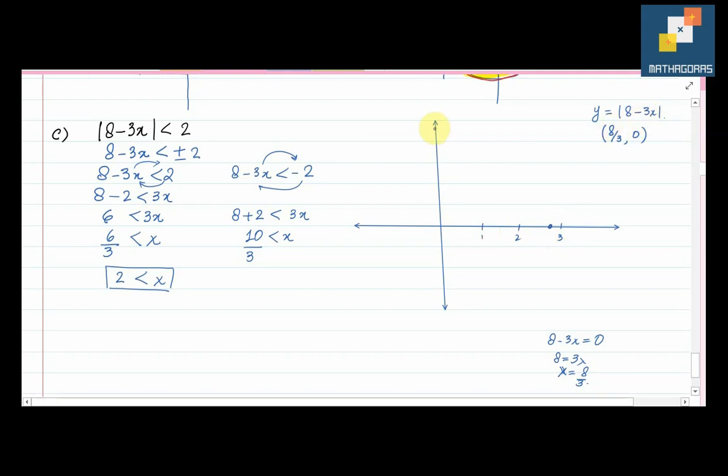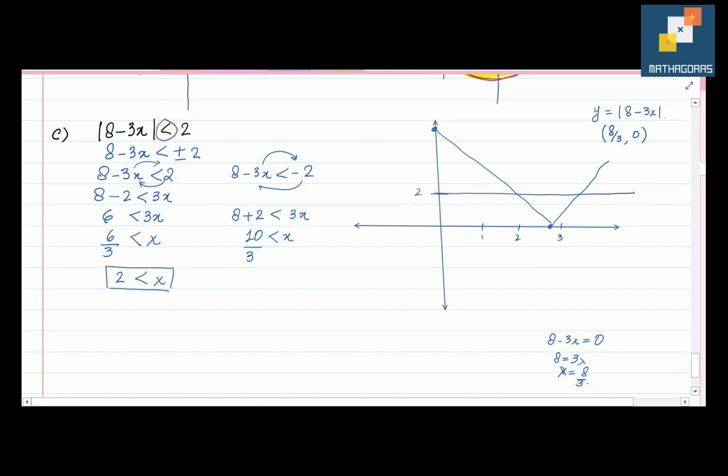So let's suppose this point is my 8, and the graph of y equals modulus of 8 minus 3x will be like this, right? And the second one is y equals 2. Let's suppose that is the line of y equals 2. Now you need to find the values, and the sign is less than, right?